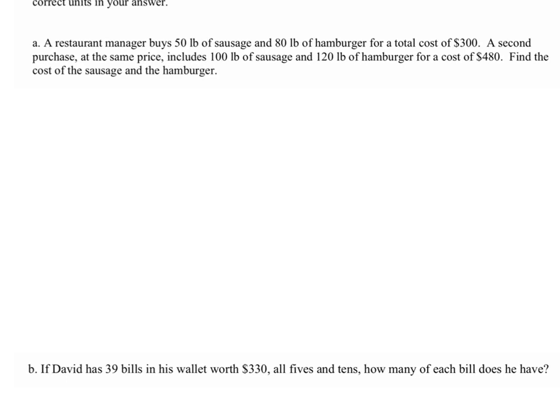Let's keep reading it. A second purchase at the same price includes 100 pounds of sausage and 120 pounds of hamburger for a cost of $480. We want to find the cost of sausage and the cost of hamburger.